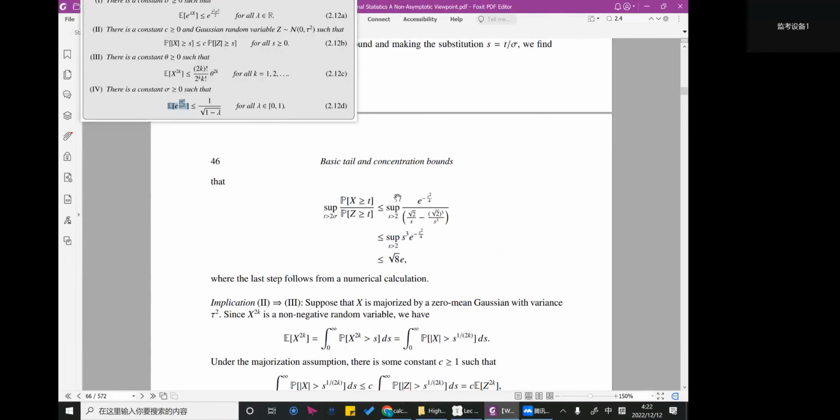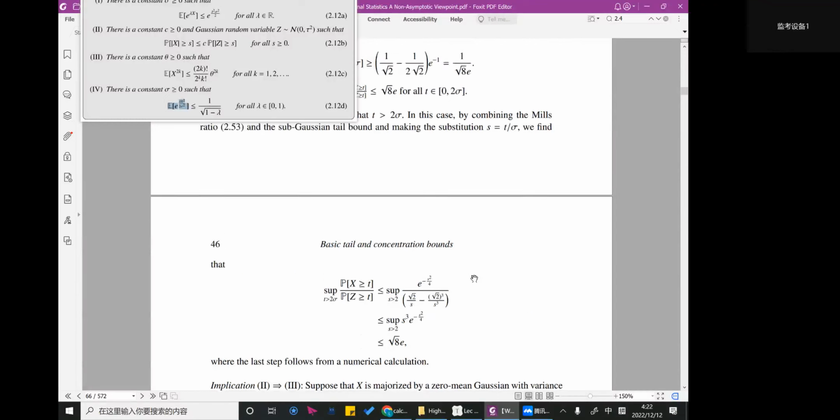So this term here, the exponential over this, is less than this. This is intuitive by some inequality tricks, and the last step follows from the numerical calculation.